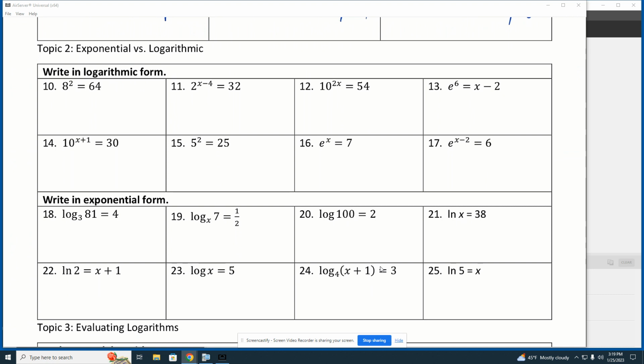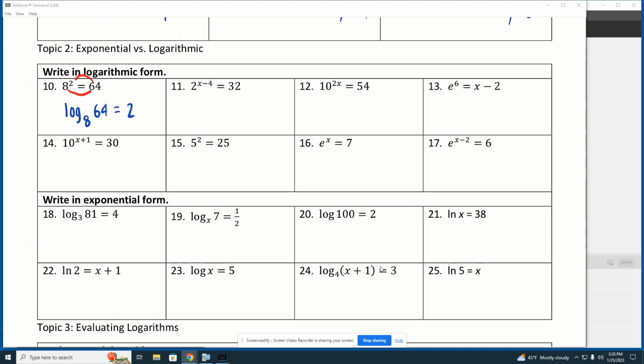So for example, number 10, my base is clearly 8. So the base of my exponent 8 becomes the base of my log. Log base 8. And then, and I'm not going to do this every time, we're going to do the loop. Log base 8 of what? 64. Equals what? 2. See, we just complete that loop.